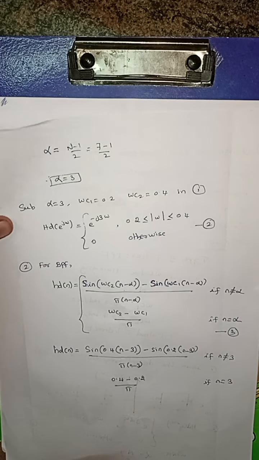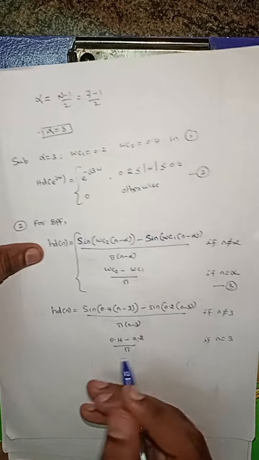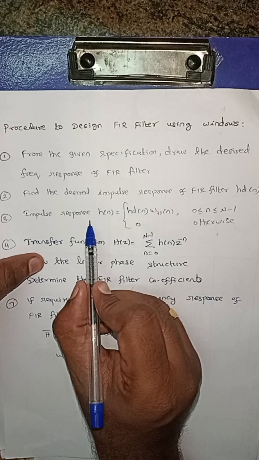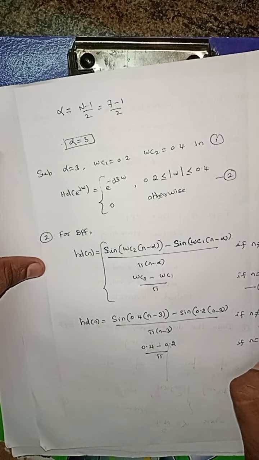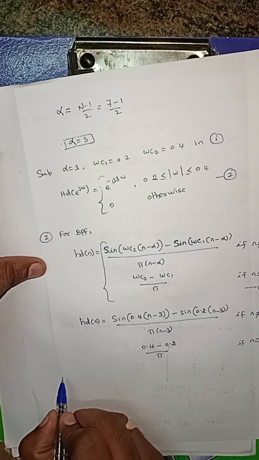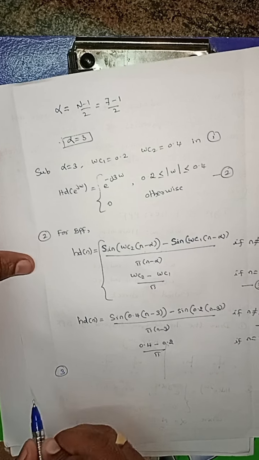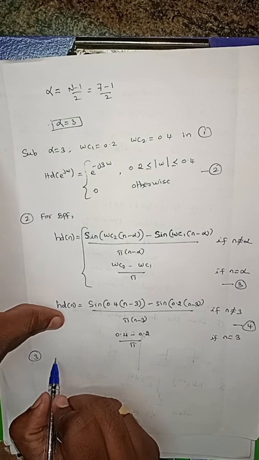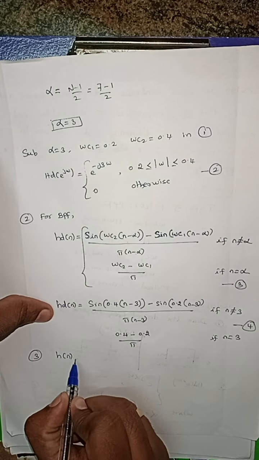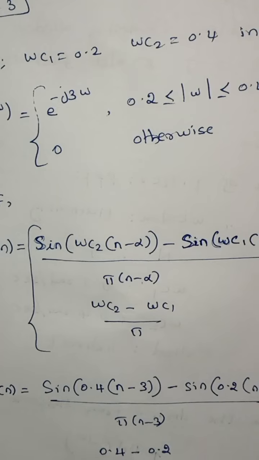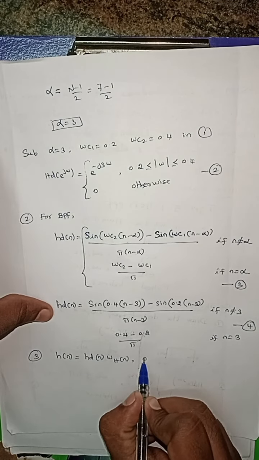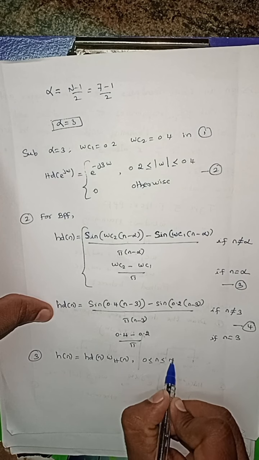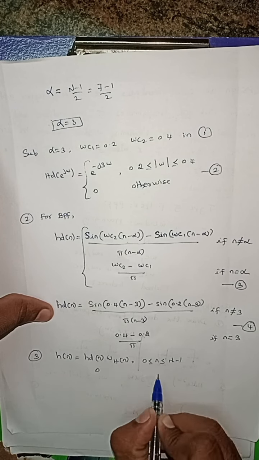Okay, next, the third step is we have to find the impulse response h(n) of the FIR filter. So the third step, take it as equation 4: h(n) equal to hd(n) into wH(n) for n varies from 0 to N minus 1, 0 otherwise.